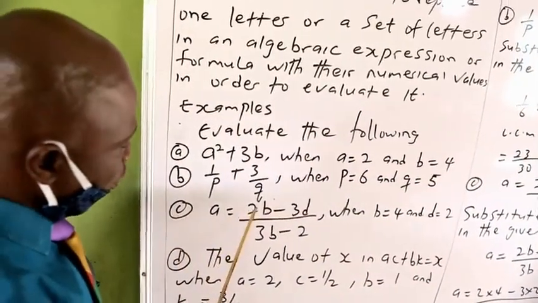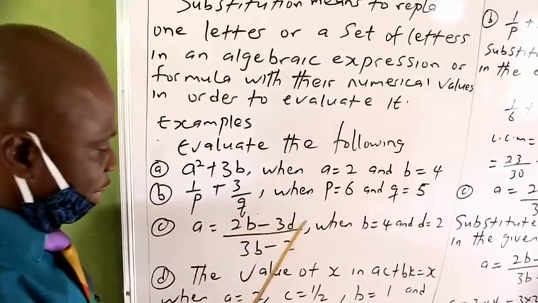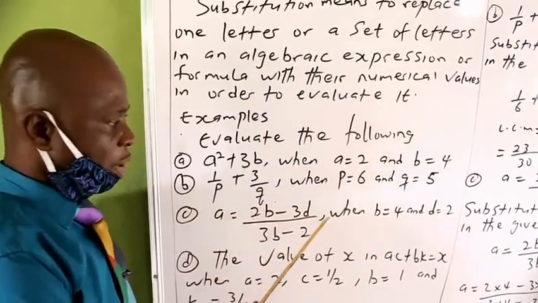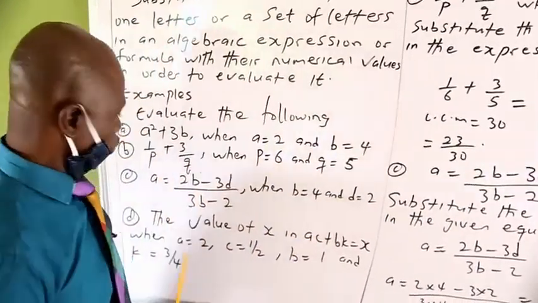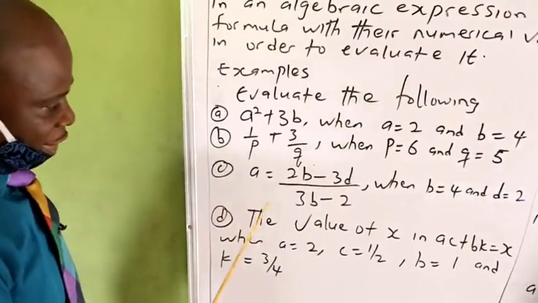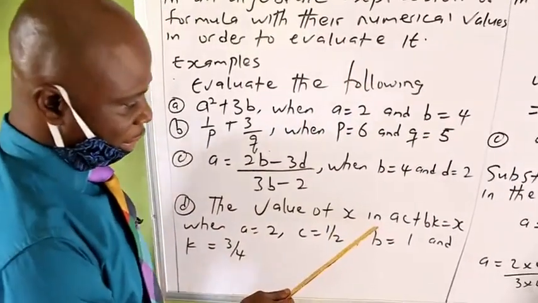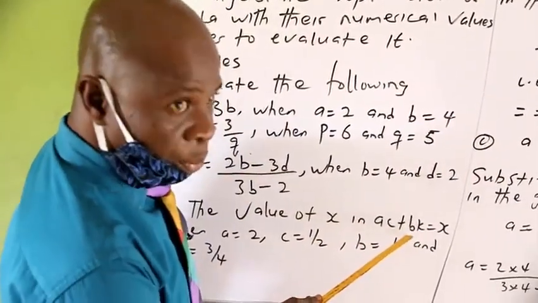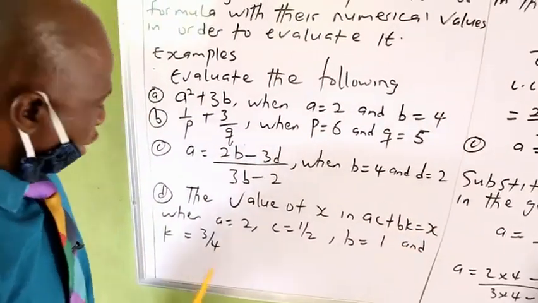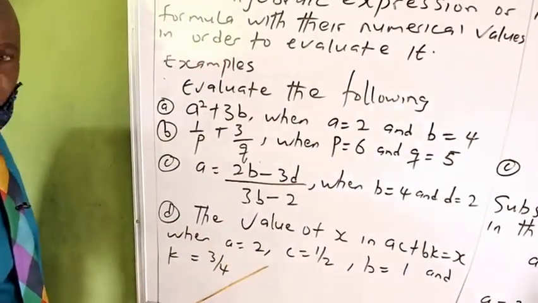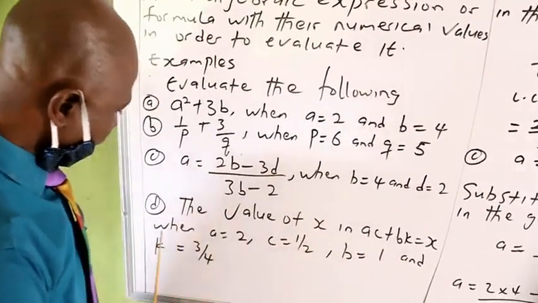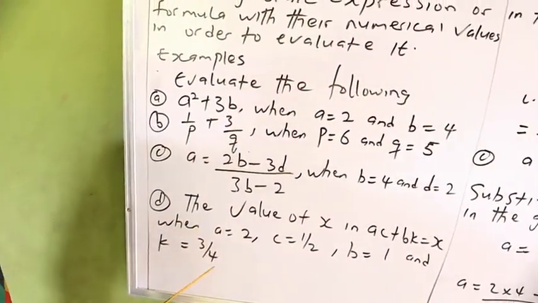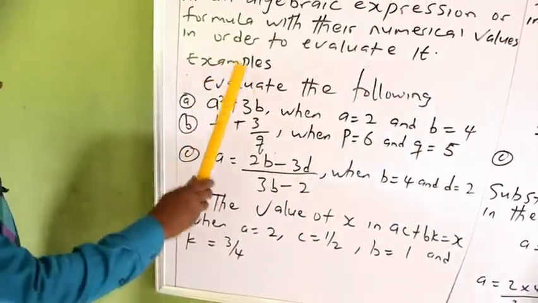C, a is equal to 2b minus 3d over 3b minus 2 when b is equal to 4 and d is equal to 2. D, the value of s in ac plus bk is equal to s when a is equal to 2, c is equal to 1 over 2, b is equal to 1, and k is equal to 3 over 4. This is the question given.